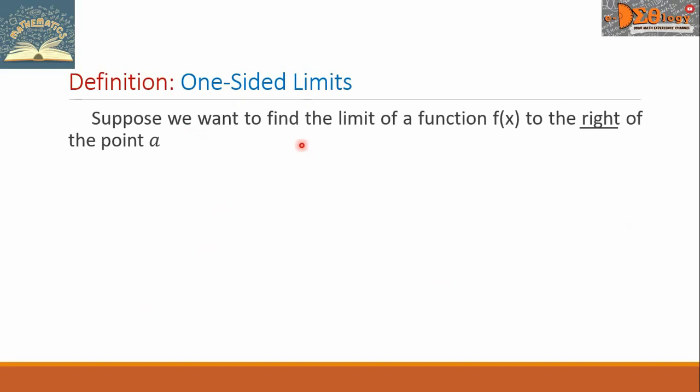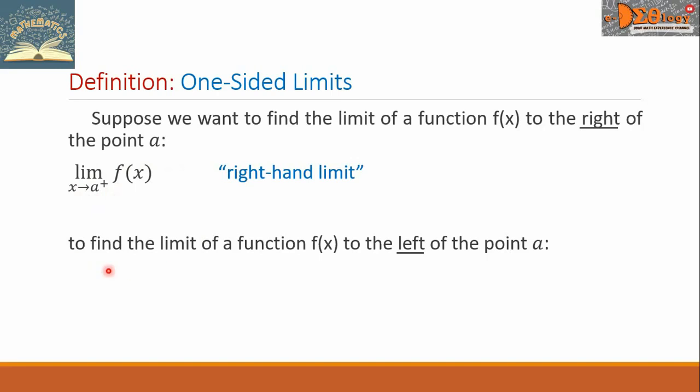Suppose we want to find the limit of a function f of x to the right of the point a. The notation is this: the limit of f of x as x approaches a, and this a will have an exponent of positive sign, and we call this the right-hand limit.